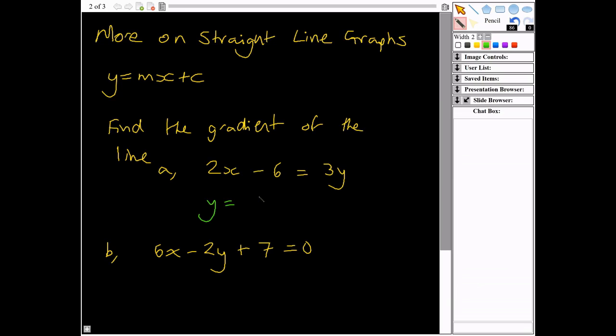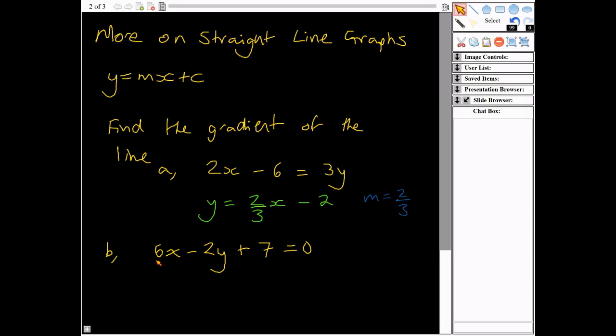So I would say 2/3 of x, or I could write 2x over 3, it's the same. And then minus, and then I'd need to do the 6 divided by 3, so it would be minus 2. Then the gradient is the number in front of the x, so the gradient would be this 2/3. So here I would say that m is equal to 2/3.